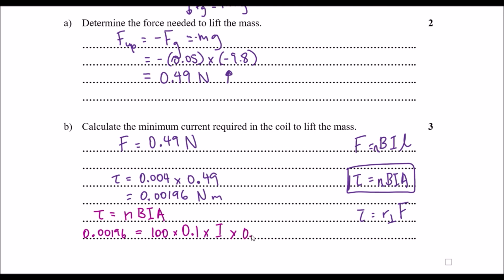Okay, if we rearrange everything onto the one side, so we move all these components over, so we got 0.00196 divided by 100 times 0.1 times 0.0012. Let's put that into the calculator and see what we get.